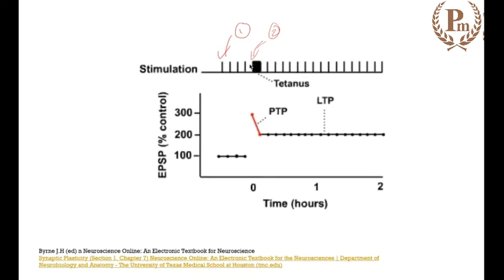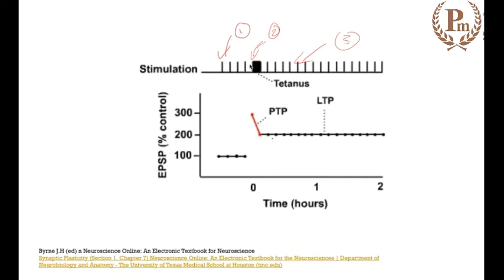Okay. Now, this is stage 3, where I have stopped the tetanic impulses. The number of impulses is back to what I started with in stage 1. But what do I see? My EPSP is almost 200% of the control, meaning there is an increase in the potentiation. It is at a higher potentiation.